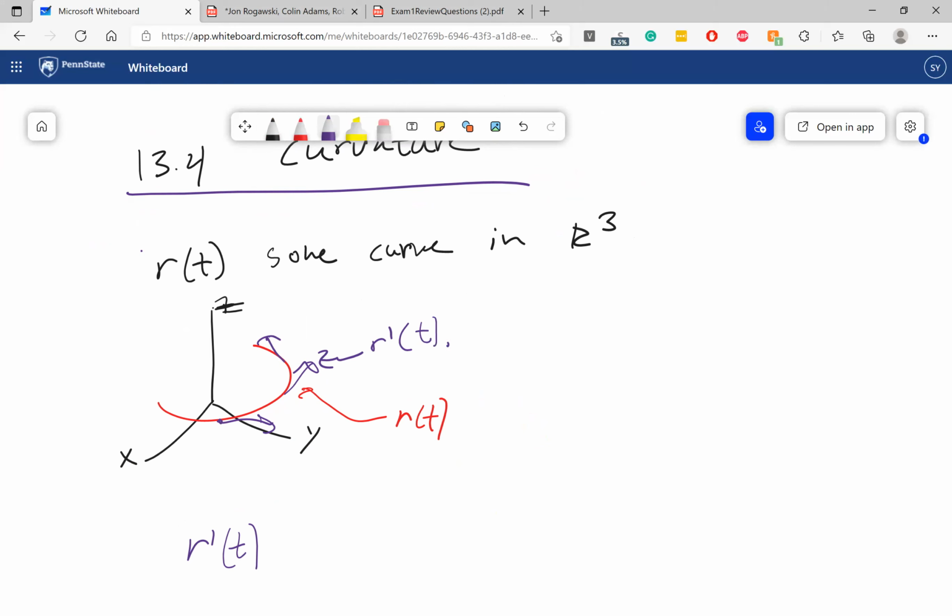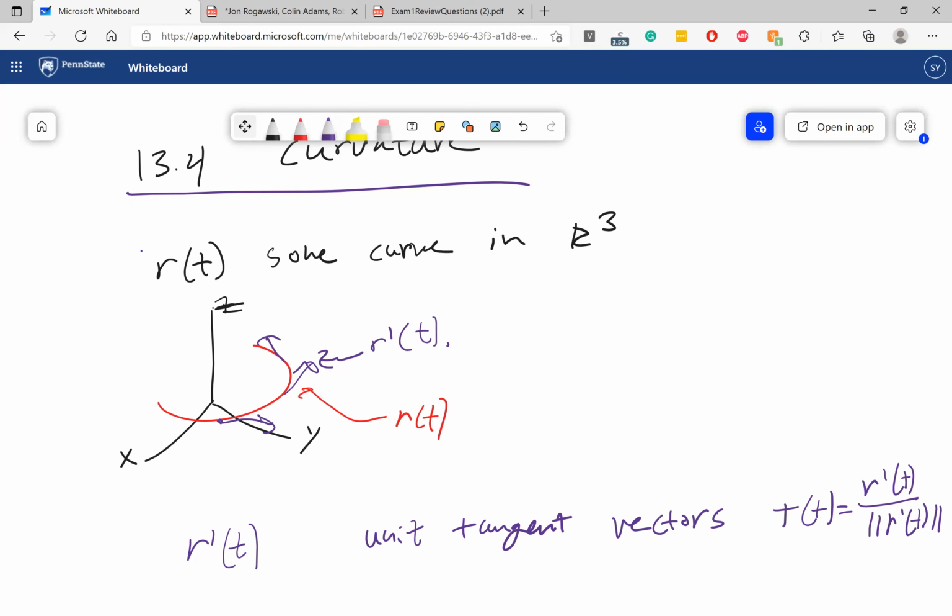And then this leads to the unit tangent vectors, which we are going to call T of t. That's going to be equal to R prime of t divided by the magnitude of R prime of t. So we basically take our tangent vectors and we divide by their magnitudes.